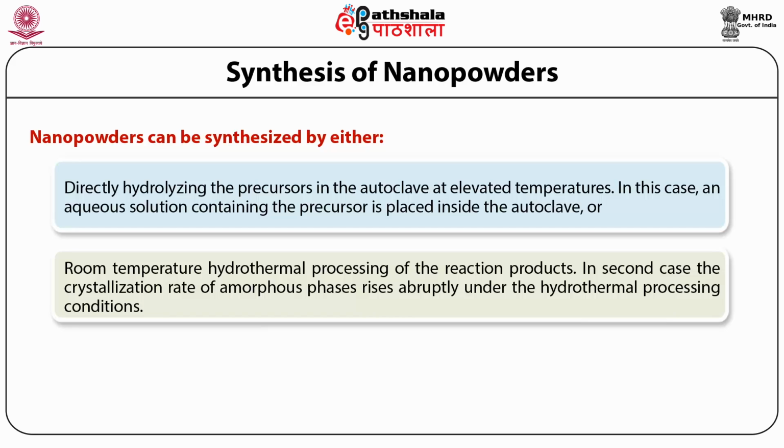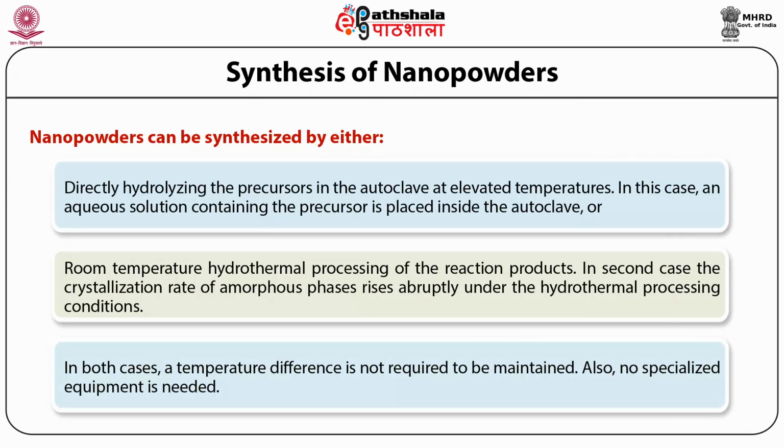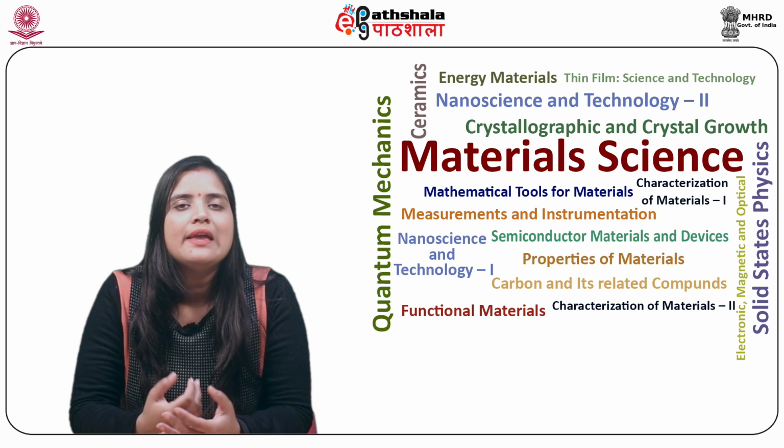In the second case, the crystallization rate of amorphous phases rises abruptly under the hydrothermal processing conditions. In this case, the autoclave is loaded with a suspension of reaction products prepared at ambient conditions. In both cases, a temperature difference is not required to be maintained. Also, no specialized equipment is needed.